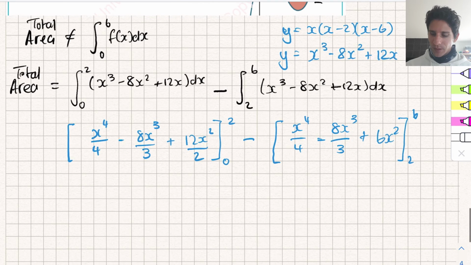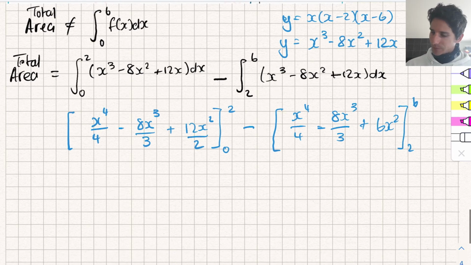Okay, so this is where things can start getting messy. You've got a lot of arithmetic to do now, so be diligent with the way that you do this. Here we go. So we're going to look at the first one first, the 0 to 2.